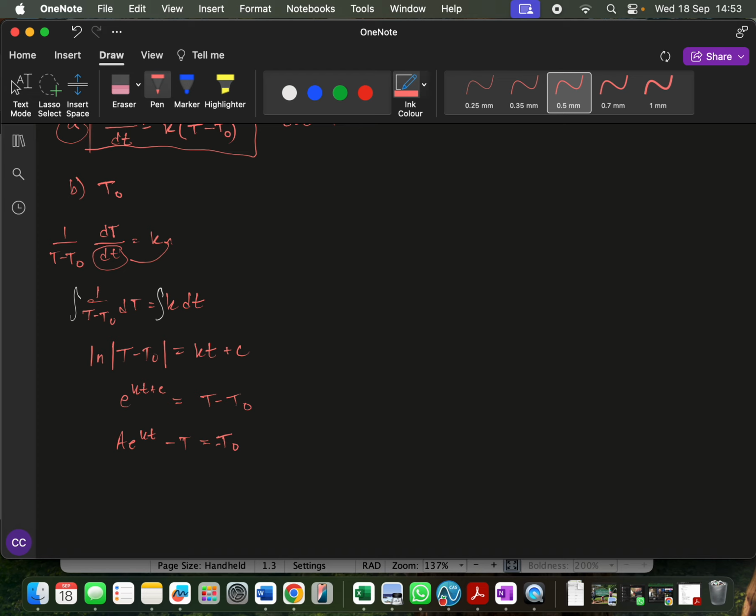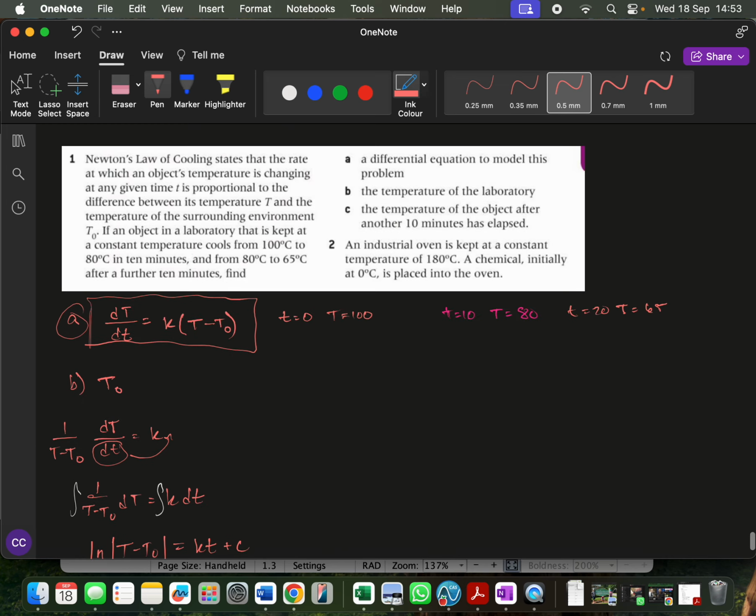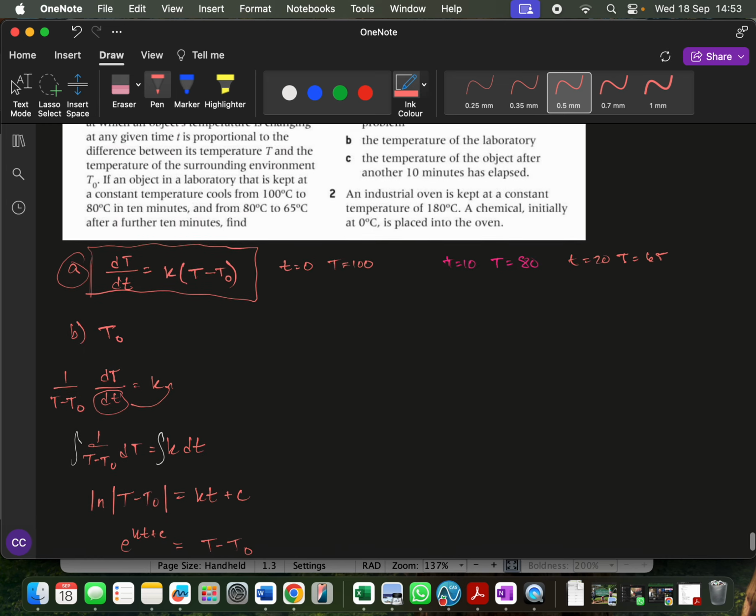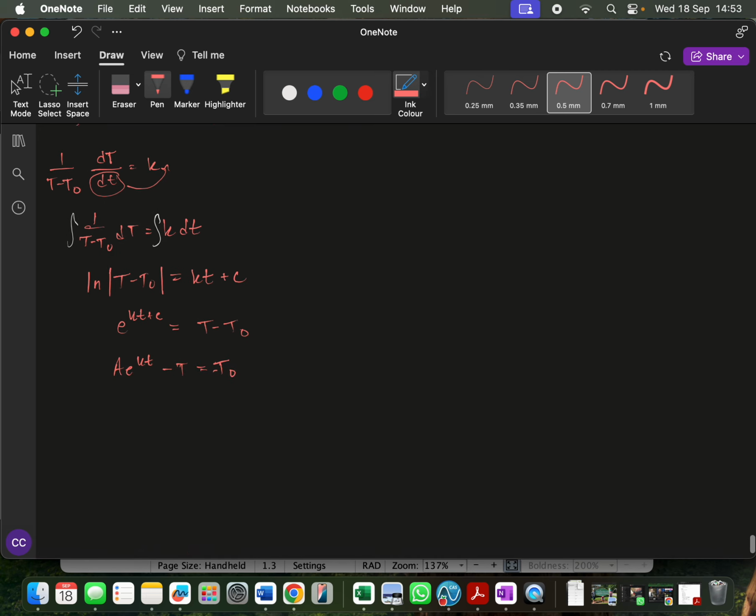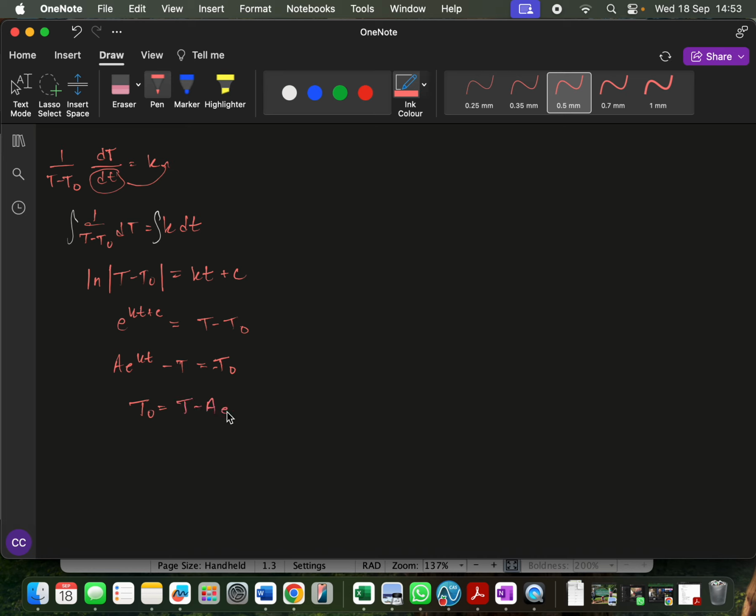What am I solving for? We're finding the object and temperature. Okay. So T0 is in fact T minus A e to the kt.